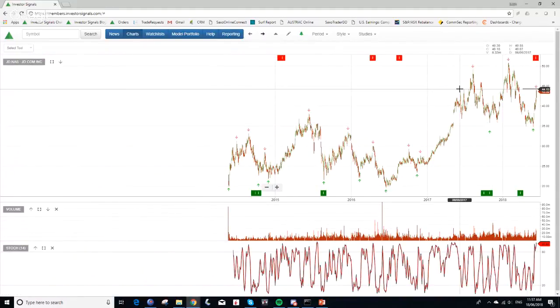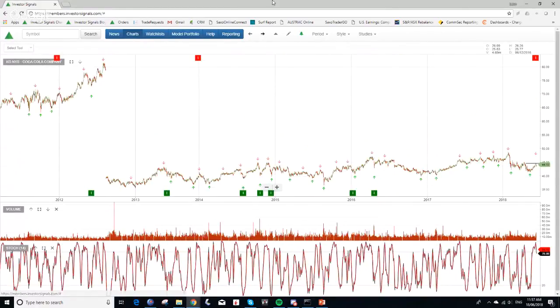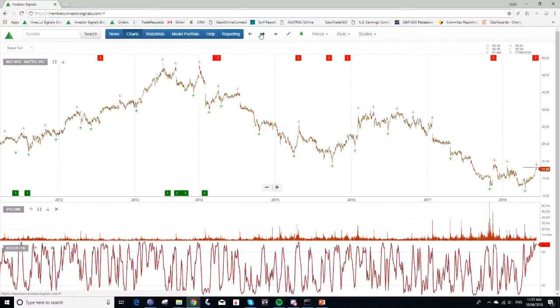Same here, so we have a pattern of lower lows and lower highs here. Coca-Cola, we covered that name, lower low, lower high, and it's been removed from the model portfolio. Mattel, same thing, clearly downtrend, a series of lower lows and lower highs.